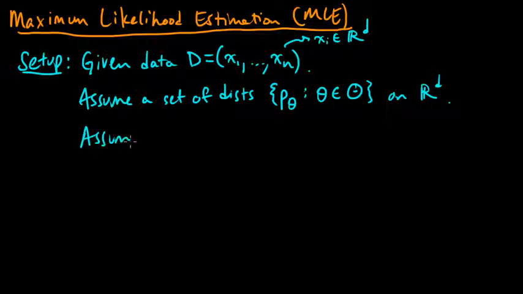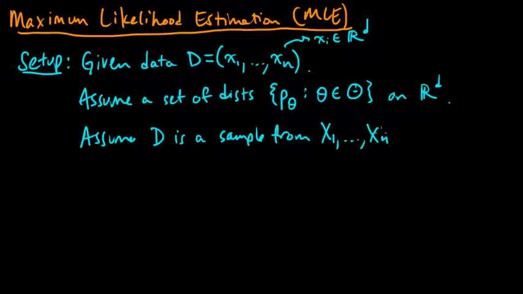And we will assume a probabilistic model for our data. So we will assume that D is a sample from some random variables x1 through xn, distributed according to one of these p thetas, so according to p theta, and they're IID for some theta.